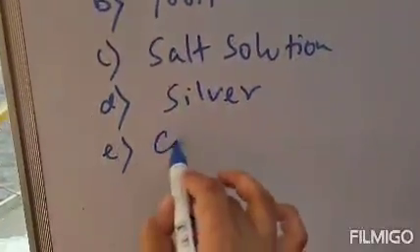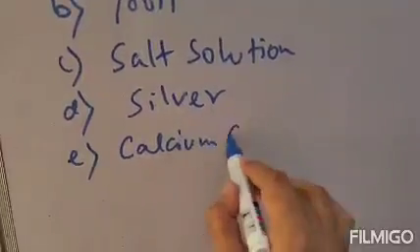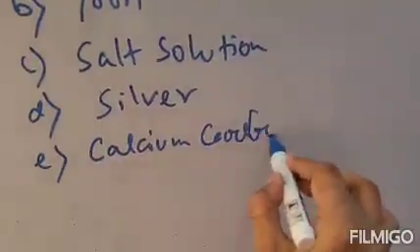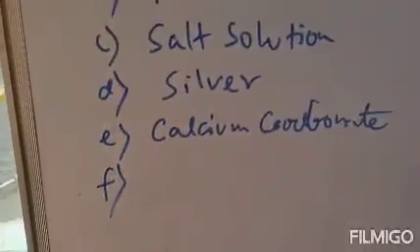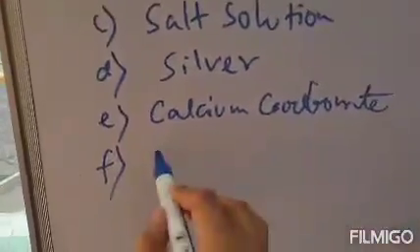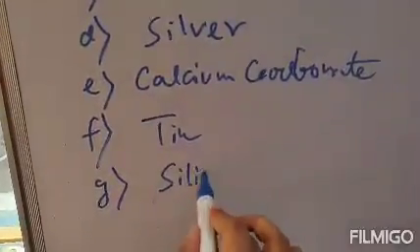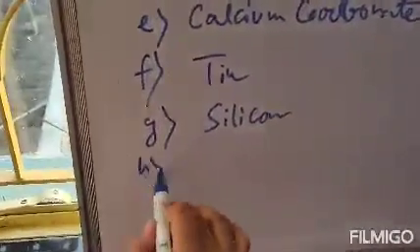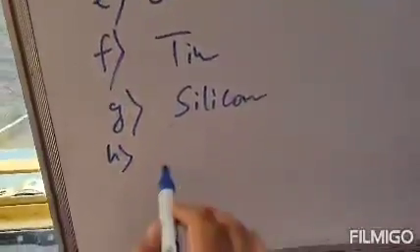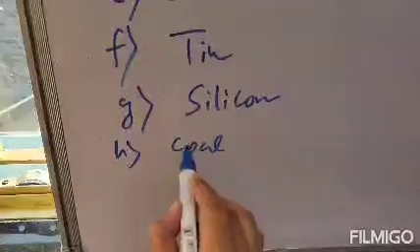Next given as calcium carbonate. Next given as tea. Next given as silicon. Next given as coal. This is C, coal.